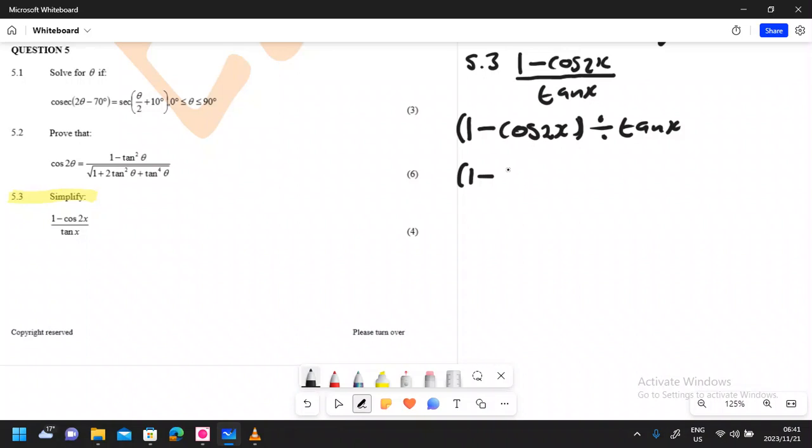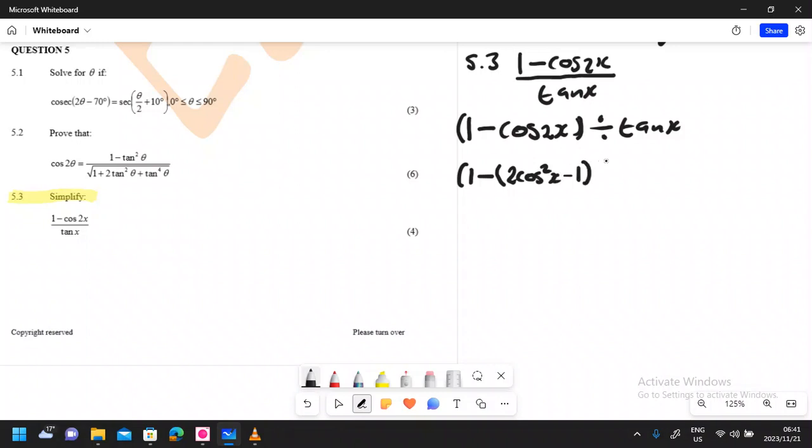So I'm going to change this into, and let's put the bracket there, guys, bracket is important, 2 cos squared x minus 1.